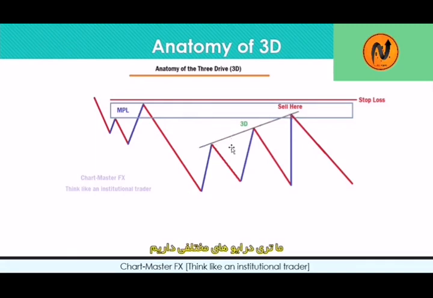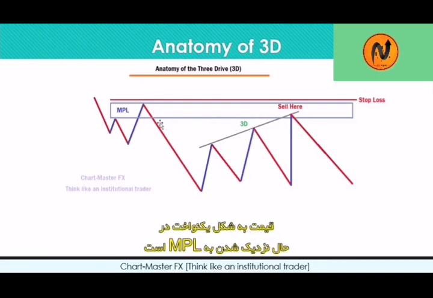So we have different types of 3 drives. We have the uniform 3 drives and those that are not uniform. Usually the 3 drives that are uniform are high probability trade setups. For instance, the 3 drive may occur in a channel where you can connect some lines here, and you can see that the price is approaching this MPL in a certain uniform order.